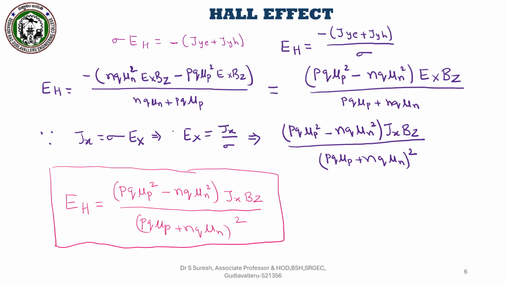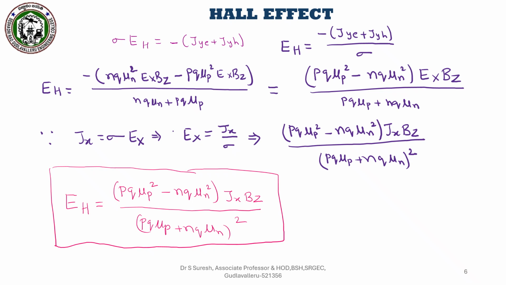So sigma EH, here EH is the Hall field. Sigma EH is equal in magnitude, opposite in direction to JYE plus JYH. So that negative sign indicates that this is opposing. Sigma EH is equal to minus JYE plus JYH. From this, Hall field EH is equal to minus JYE plus JYH by sigma.